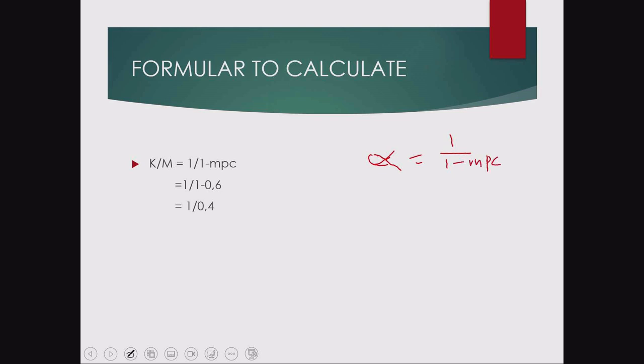We always write it like that. But there's 2 marks for this. Take note of this. When you are asked to calculate the multiplier, there's a mark for the formula. That's how you do it.